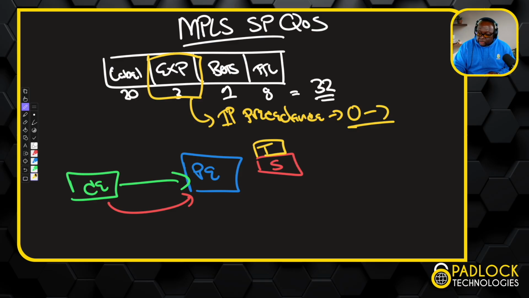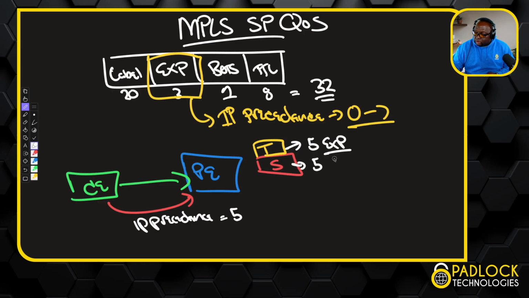Let's say you're sending this with an IP precedence value of 5. When you push the labels on top, that gets copied here. So in the EXP, you'll see 5, and then in the service label, you'll see 5. And as it moves along in the network, this will just get copied over.